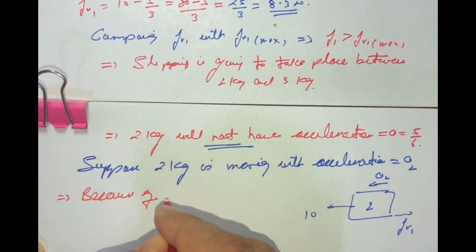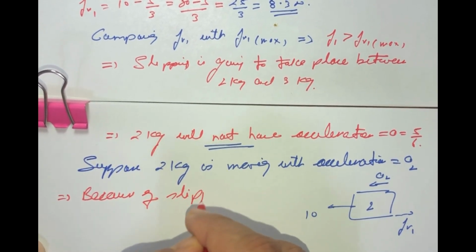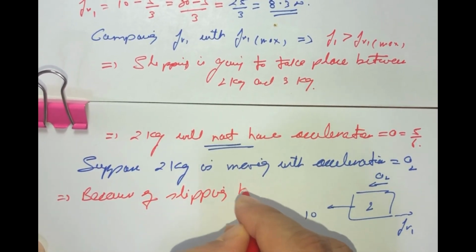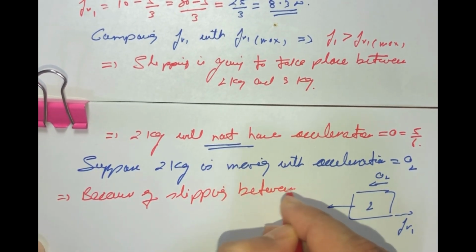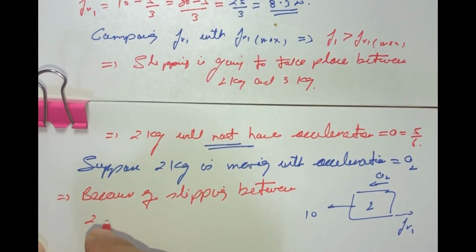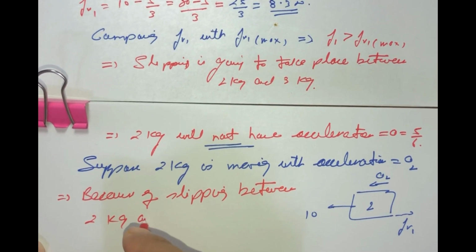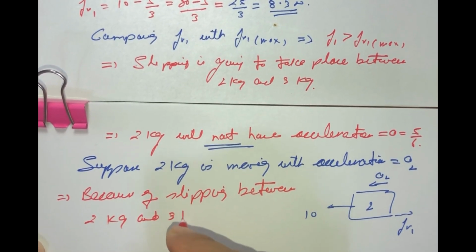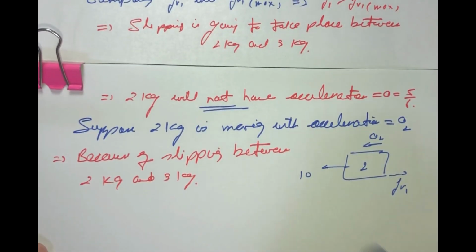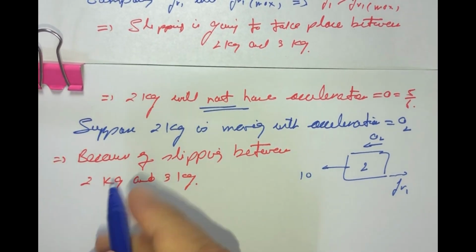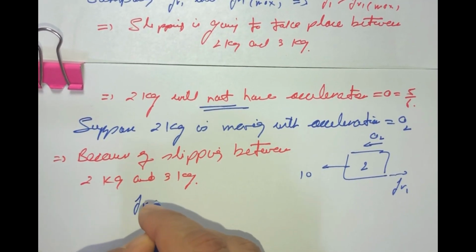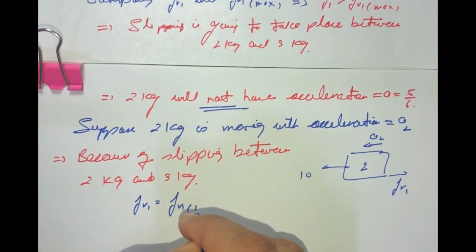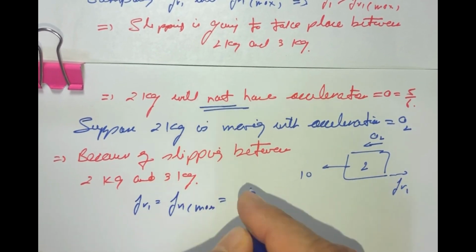Because of slipping between 2 kg and 3 kg, you can say Fr1 will be equal to Fr1 max, which is our 4 Newton.